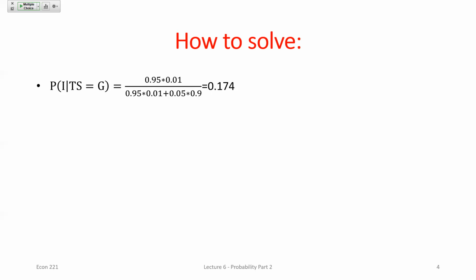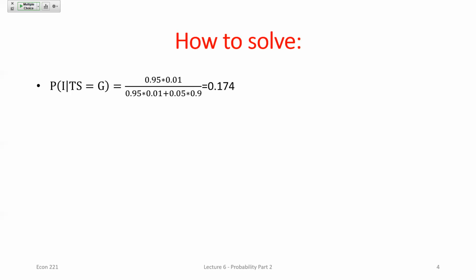Because if the probability of being innocent is so much higher than the probability of being guilty, then even if we can really accurately identify all the people who are guilty with the truth serum, even with a relatively low false positive rate, we're going to end up with a lot of innocent people also confessing to a crime. This was the idea when we said most people are HIV negative. So even though the false positive rate is very, very low percentage-wise, it ends up being a lot of people who get this false positive.